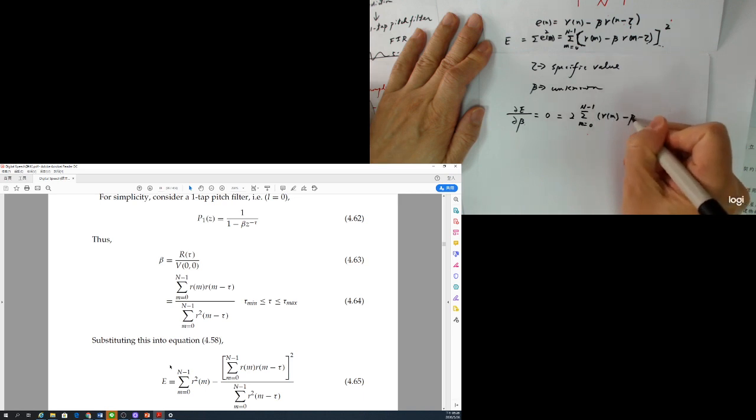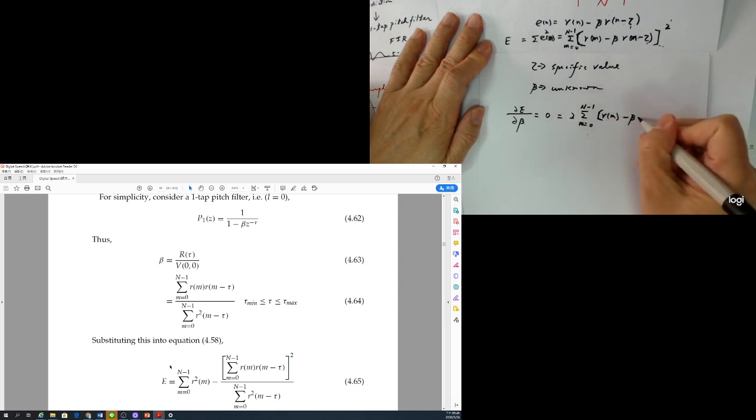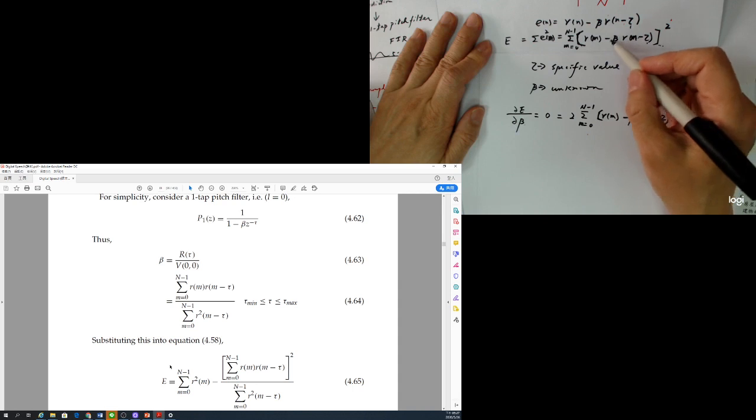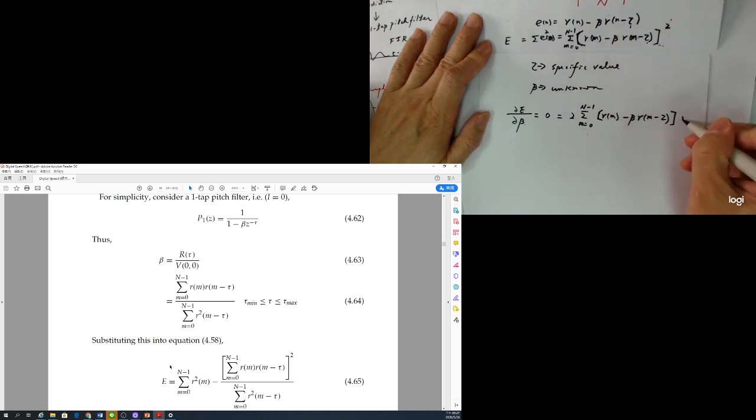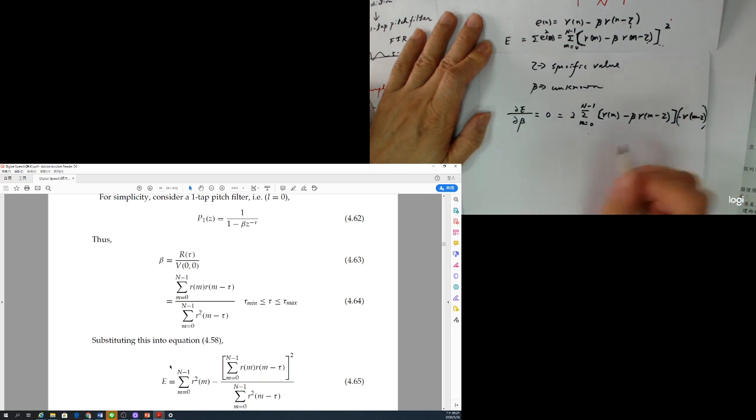minus beta, and r of m minus tau. So looking at the inside, this one has no beta, this one has a beta times r of m minus tau, so there is a minus. We hope this becomes 0.